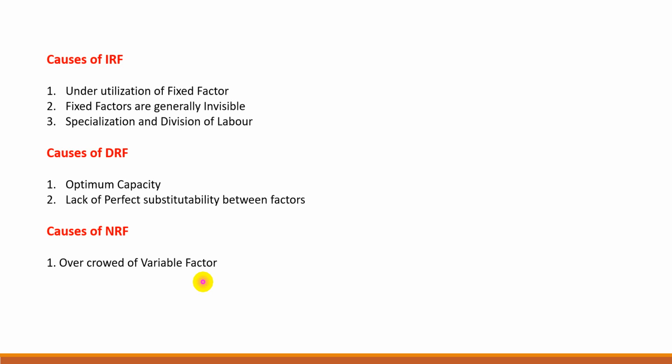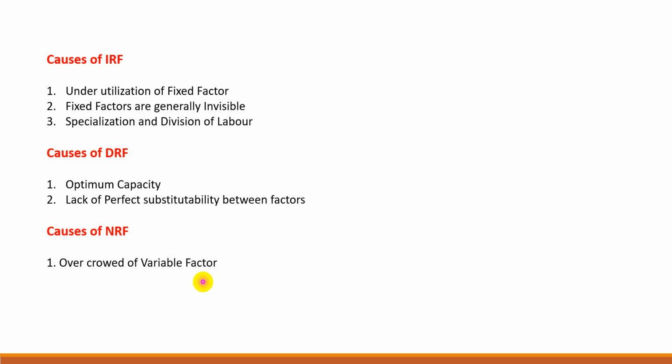It results in low efficiency of the fixed factor. If too many workers are employed by the producers, the problem of labor management may arise. The laborers can avoid work.